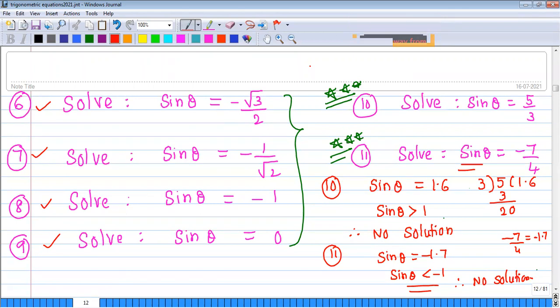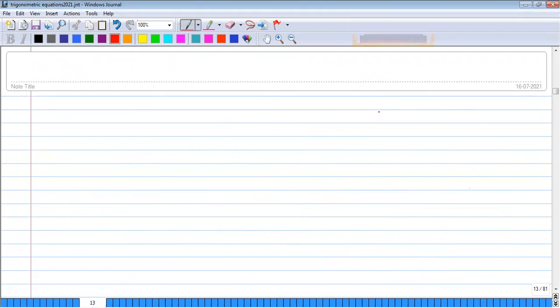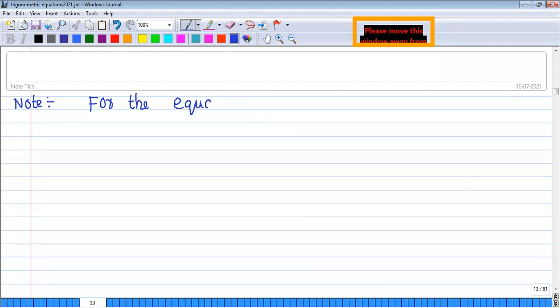Right. Now, next important point. For the equation cos theta equals k, -1 is less than or equal to k less than or equal to 1.